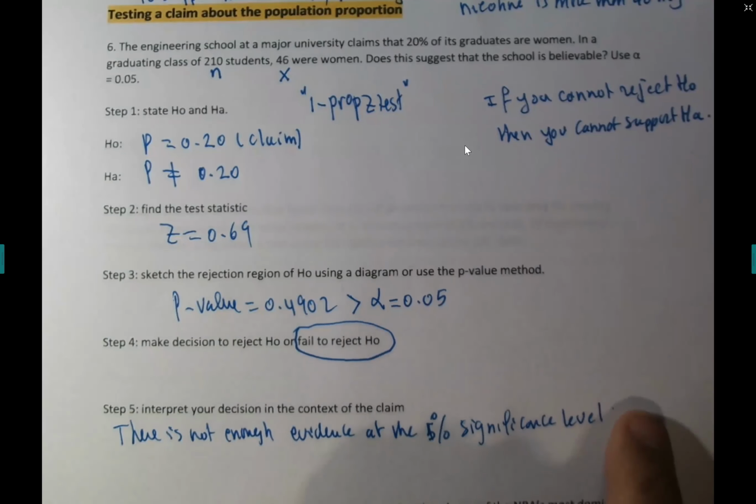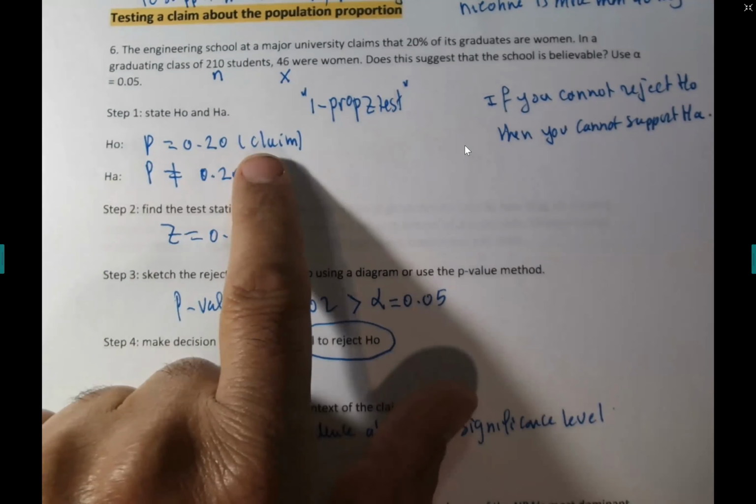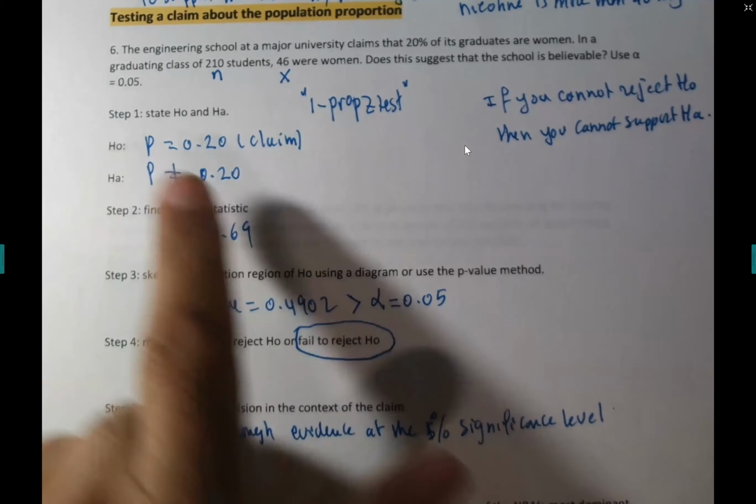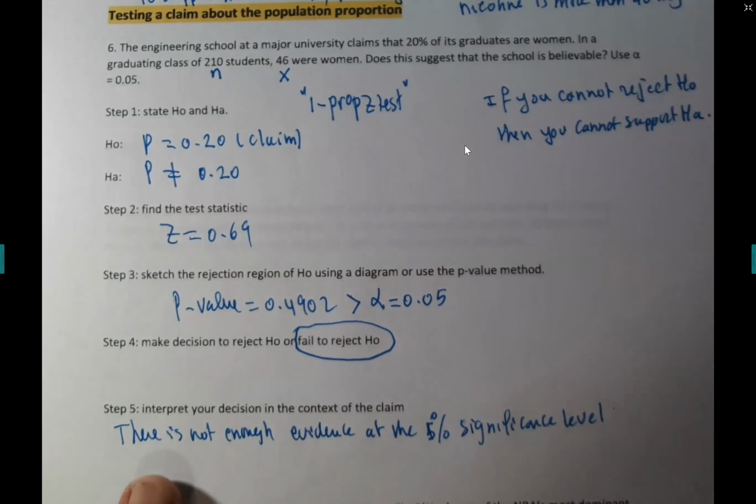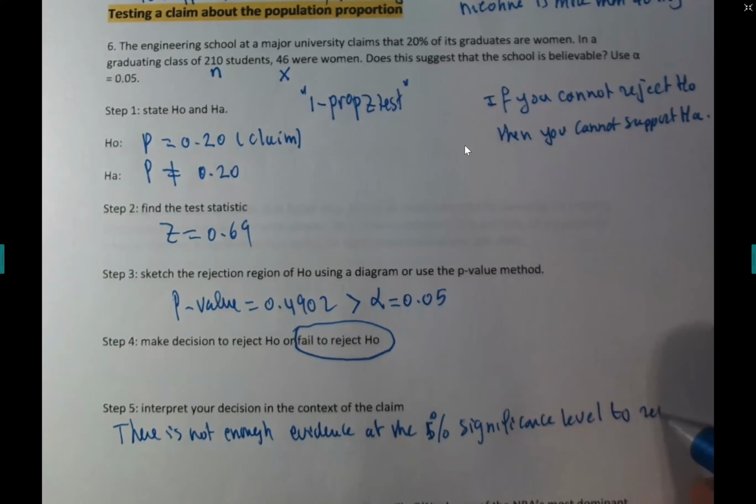I want you to use the word support or reject always. So since the claim is in HO, we have to use the word reject. So there is not enough evidence at the 5% significance level to reject.